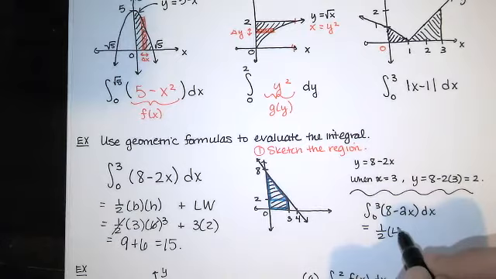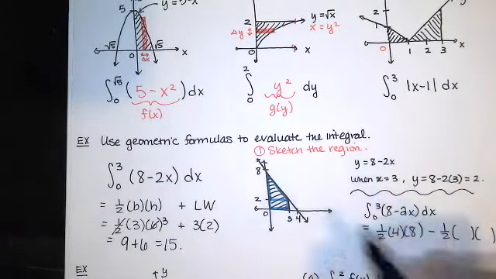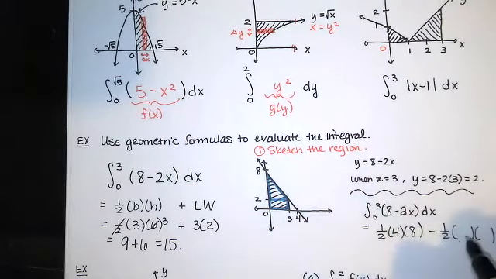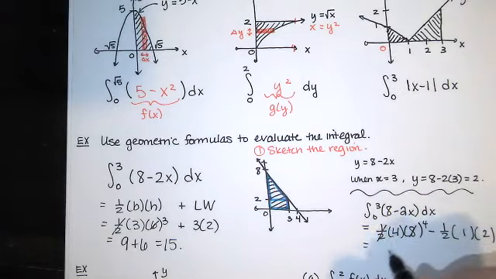Base is 4, the height is 8. And then we'll subtract 1/2 base times height for that smaller triangle. The base is 1, the height is 2. So we get 1/2 of 8 is 4, so we get 16 minus 1, so we get 15.